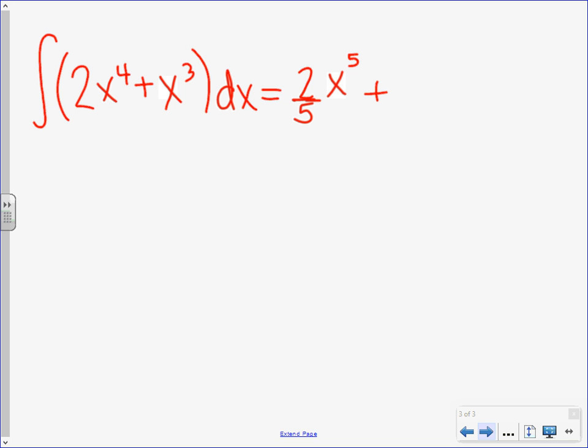Antiderivative of x cubed, Gina, what is it? 3 over 4 x to the fourth? Can you tell me where you got the 3? Excellent. And then don't forget, we could have some plus constant. The constant could be 0, the constant could be 5 million. We don't know.